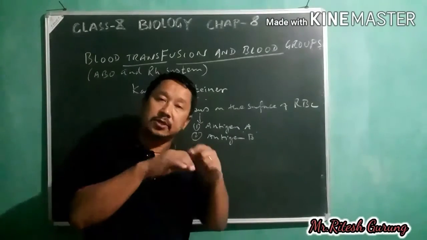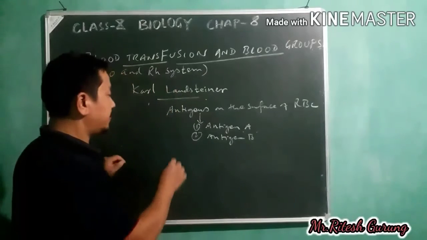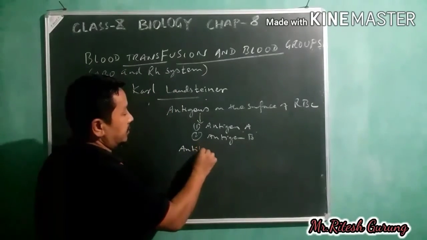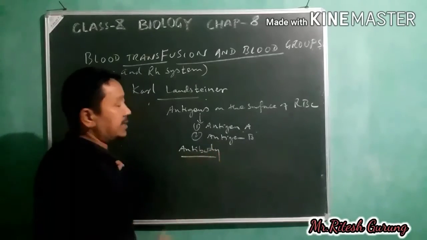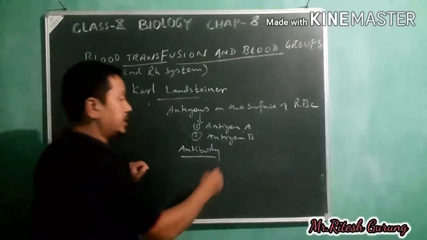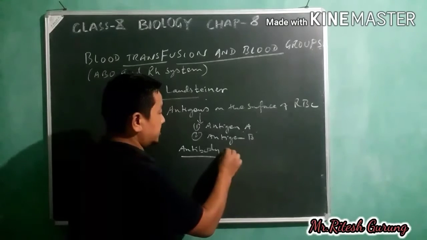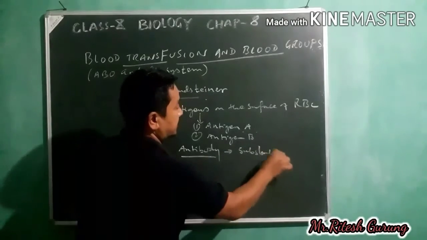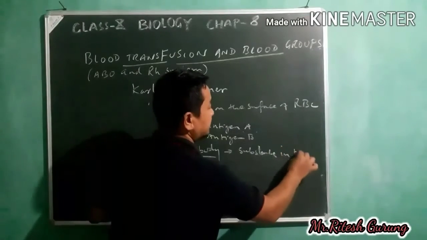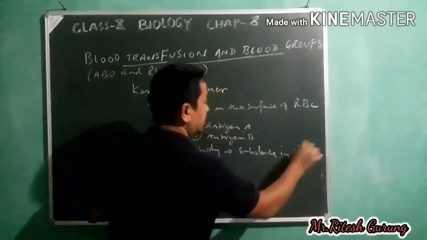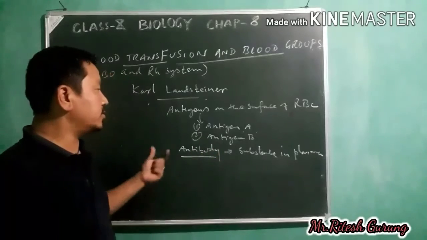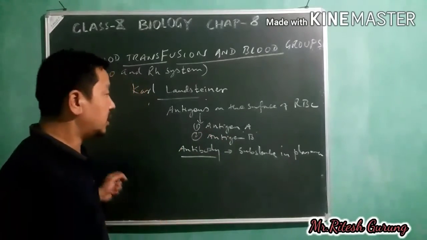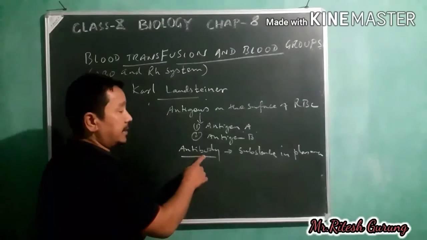And there is another substance called antibody. This is in the blood plasma, complementary to the antigens.